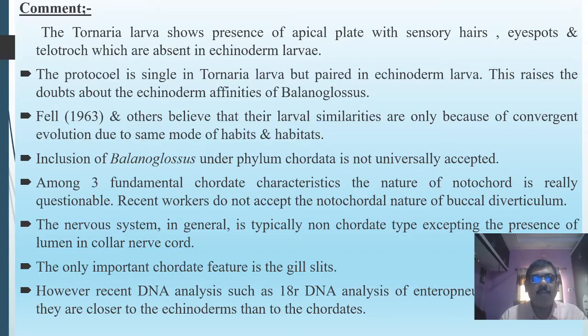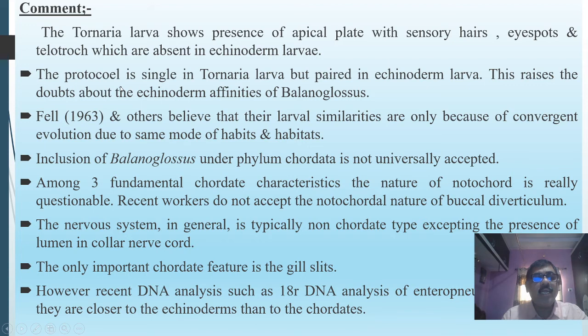So these are the dissimilarities. On the basis of all the observations, we come to certain conclusions. The Tornaria larva shows the presence of an apical plate with sensory hairs, eye spots, and a telotroch, which are absent in the echinoderm larva.